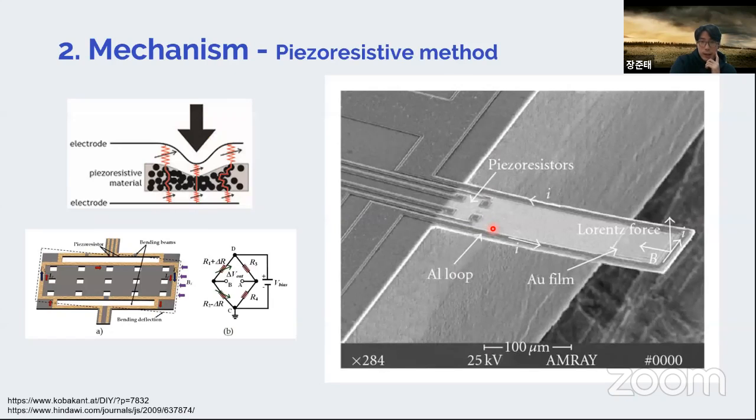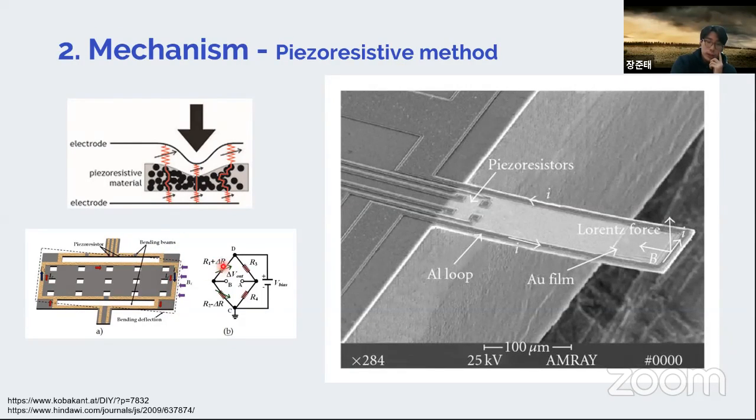Second is the piezoresistive method. When there is pressure on a piezoresistive material, its resistance will change. So we make a Wheatstone bridge with piezoresistive materials like this picture. If there is stress at one side, the resistance will change.